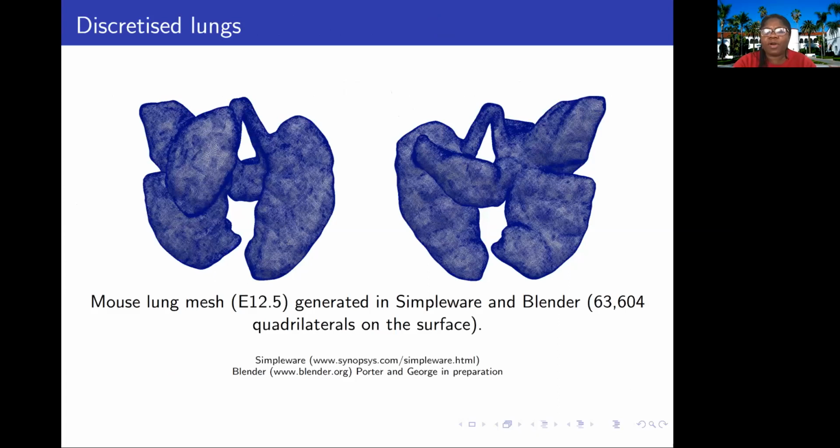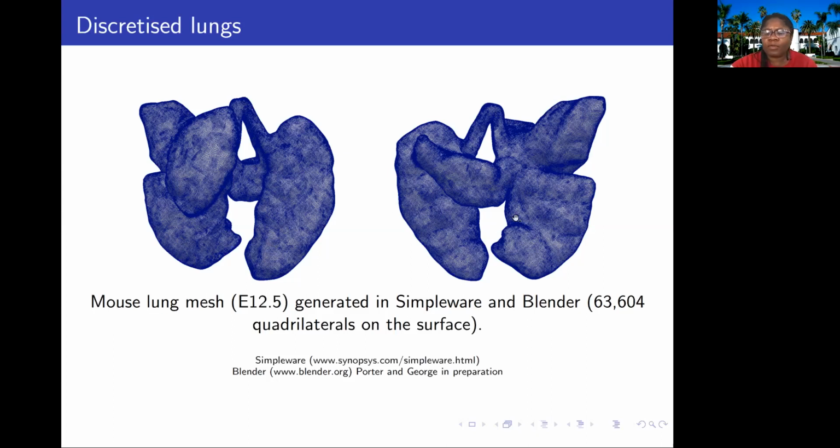Once we validated the model on the sphere, which I didn't find necessary to show you the results of, but we did validate it and were able to compare with theoretical solutions, we knew our code was correct and everything was fine, so we moved on to the lungs. Now looking at the lungs, here is the mesh.